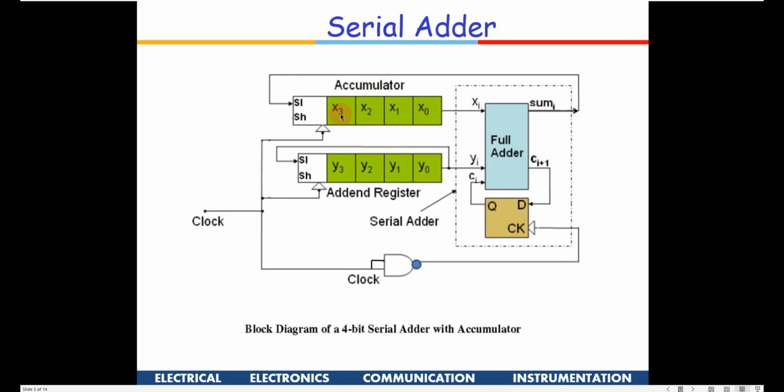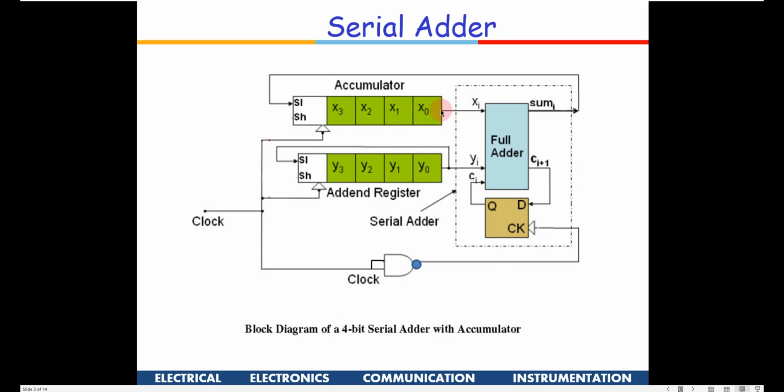In the sequential design, this is how microprocessors also work, in the same fashion. So this is one data, this is the second data. When I complete the addition, the final answer will be in this register. So initially I have loaded x0, x1. During the negative going edge of the clock, this is a full adder, right?